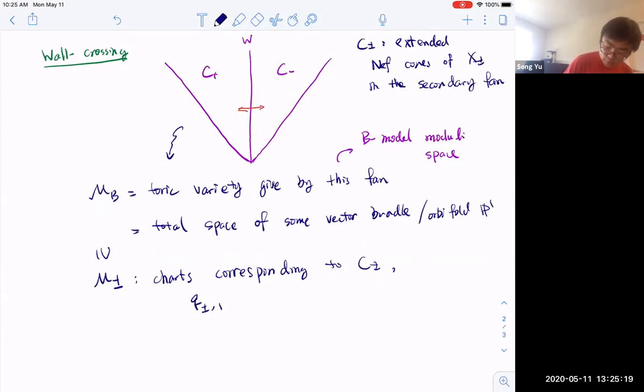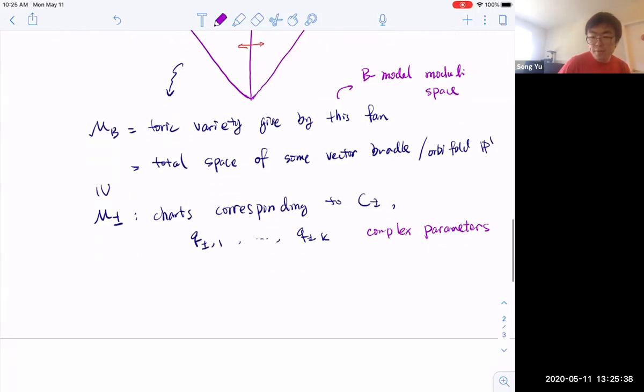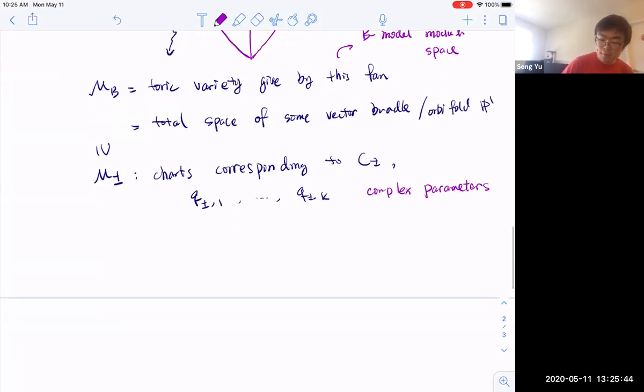I write q plus minus 1 to q plus minus K. These are coordinates given by the toric data, but they will also serve as complex parameters for our toric mirror B model families, and they'll be mirrored to the Kähler parameters coming from the A model side.